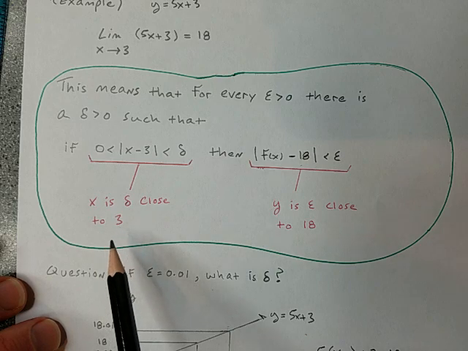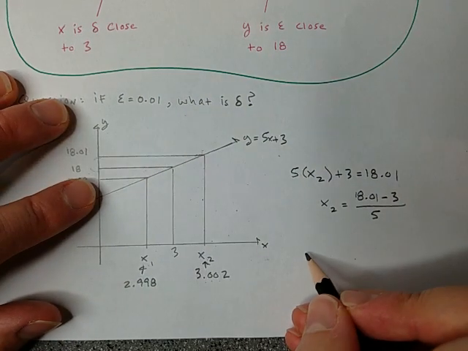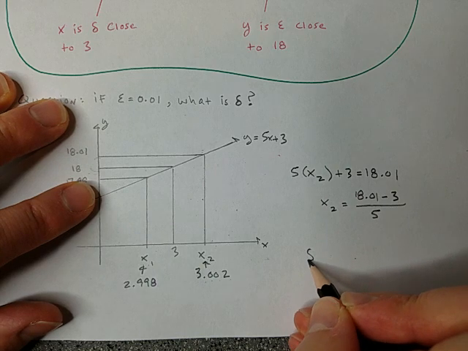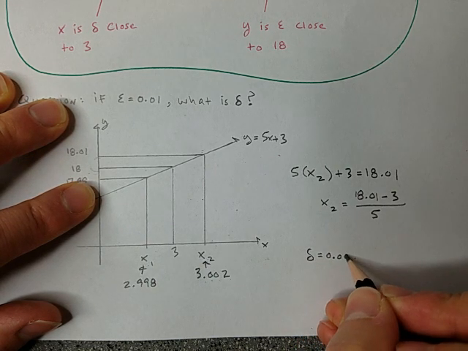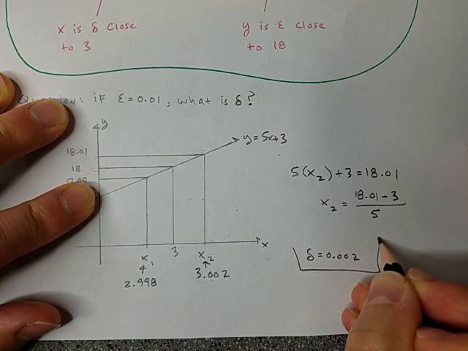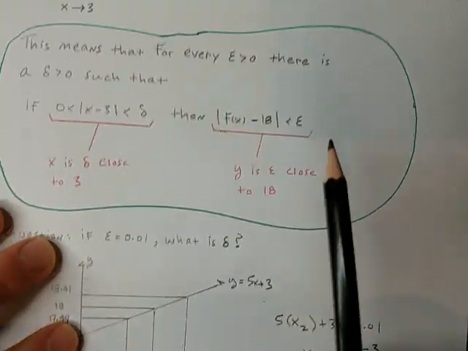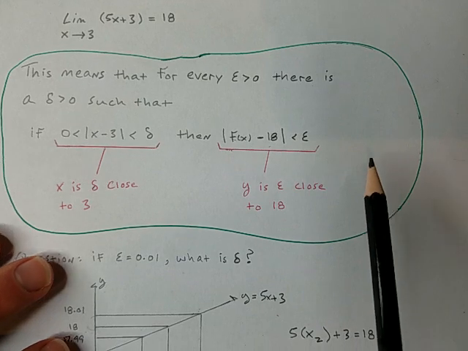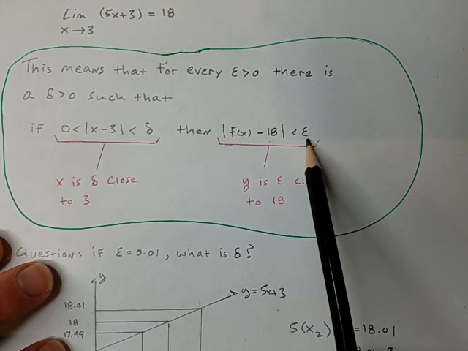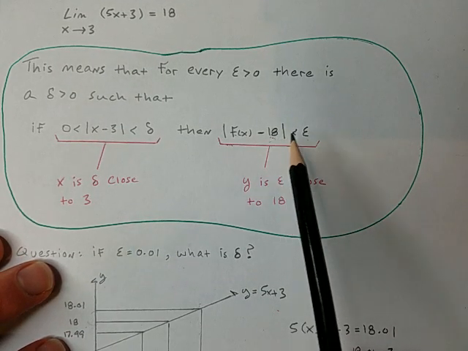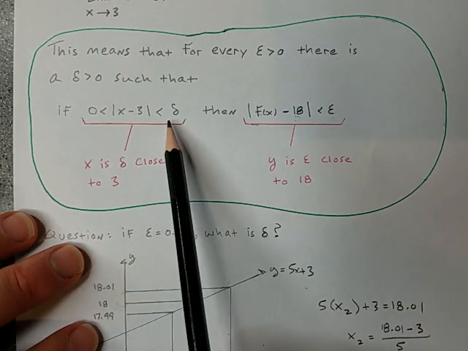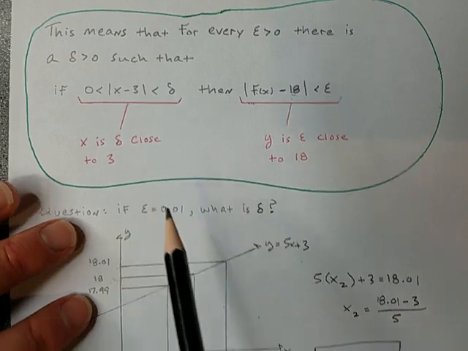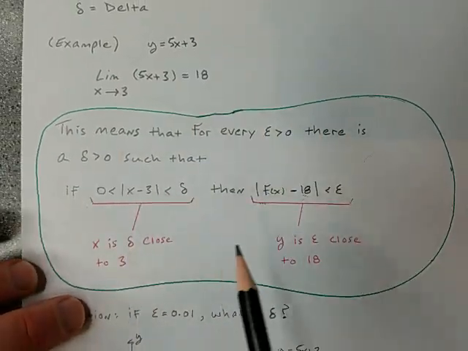All right. Okay, so let's state our answer that way. 0.002. To ensure that y is within 0.01 units of 18, we will need to choose the x within 0.002 units of 3. Okay, so that's what our statement says.